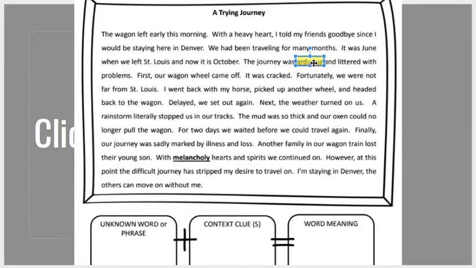And now we need our clues. We said the title was definitely a clue. So, a trying journey. So they've been on a journey and they're trying to get through it. We also think that littered with problems is a clue. If something's littered with problems, that means it's really challenging.